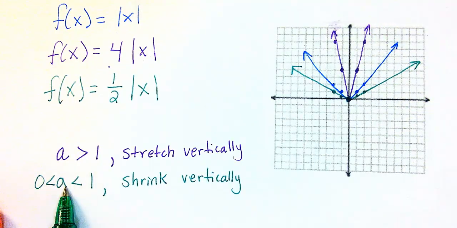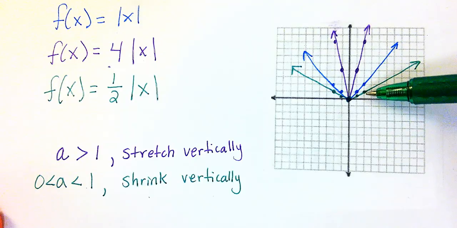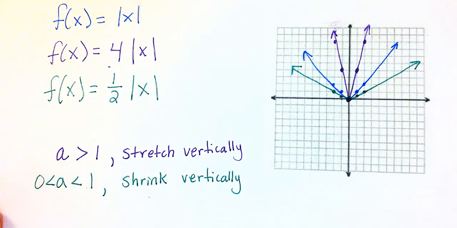If this number is between 0 and 1, it's going to shrink vertically because it will not quite go as far up. It's only going a half or a third or a fourth of the original function. That's how you determine how to stretch or shrink a function in the vertical direction.